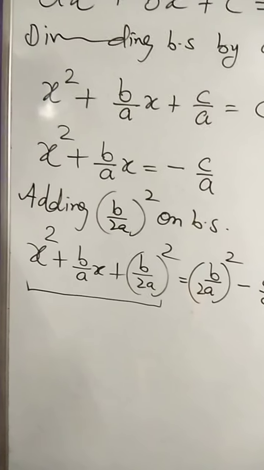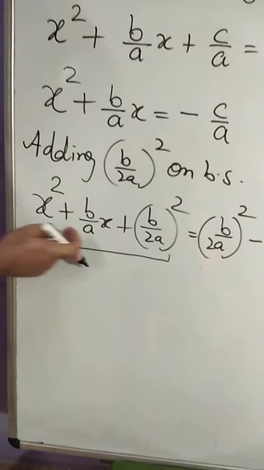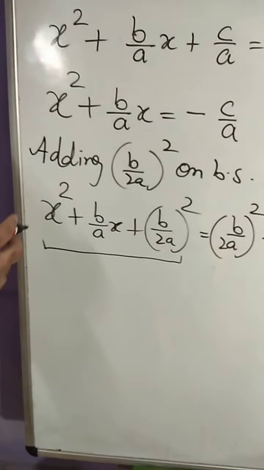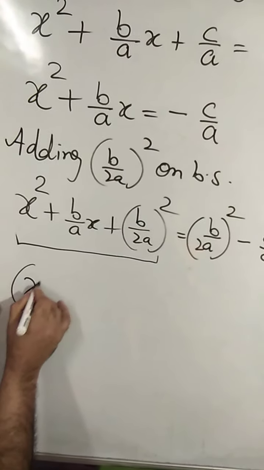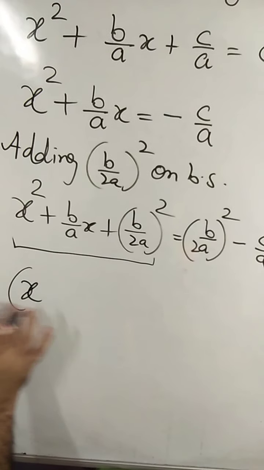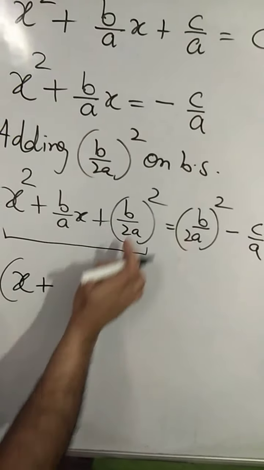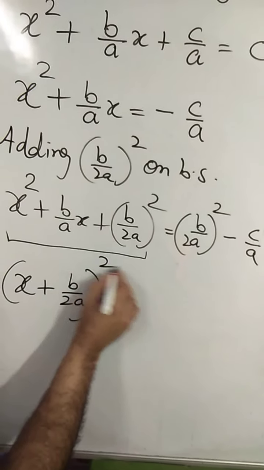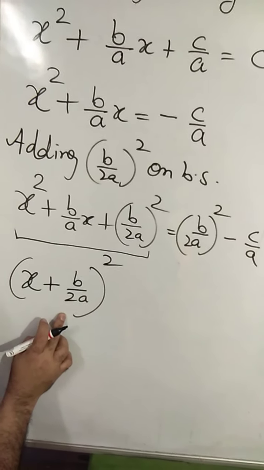The square is either a plus b whole square or a minus b whole square form. See, all the three terms are positive. That means it is a plus b whole square. So you know this, a is always x. The base of this square, what is that? B over 2a. So it became the whole square of x plus b over 2a.